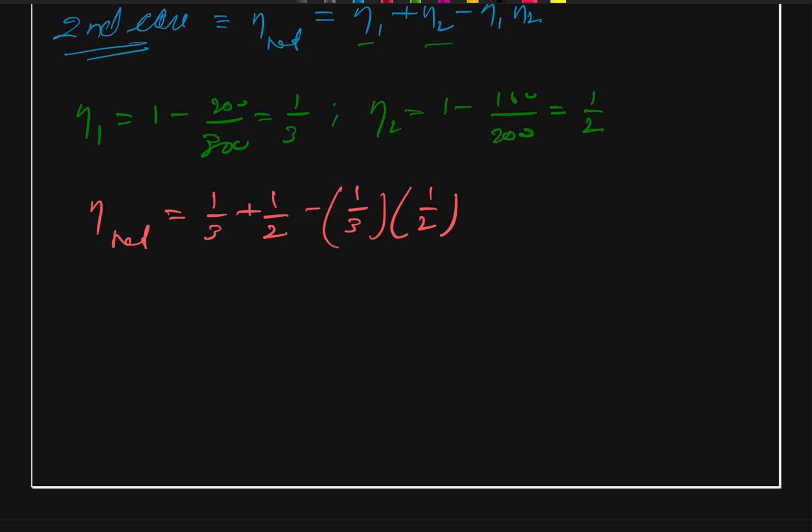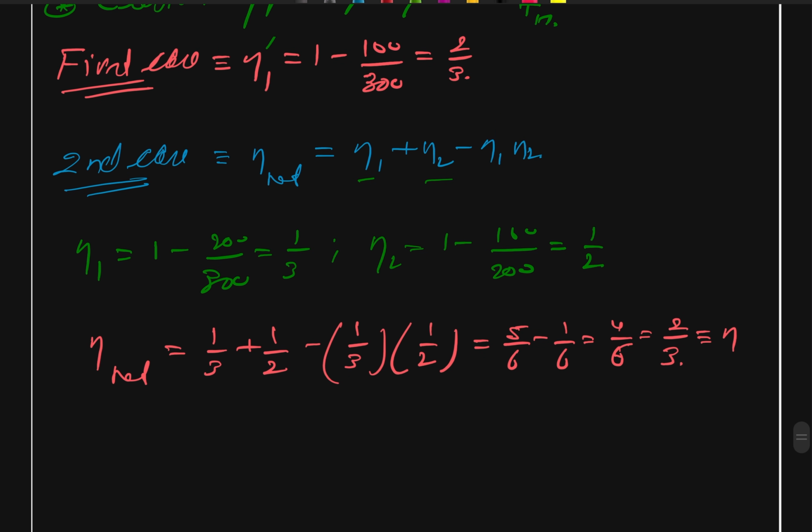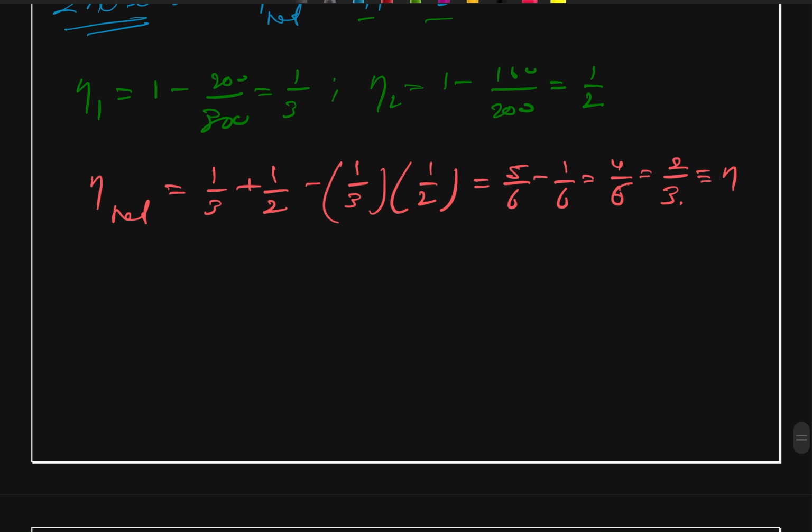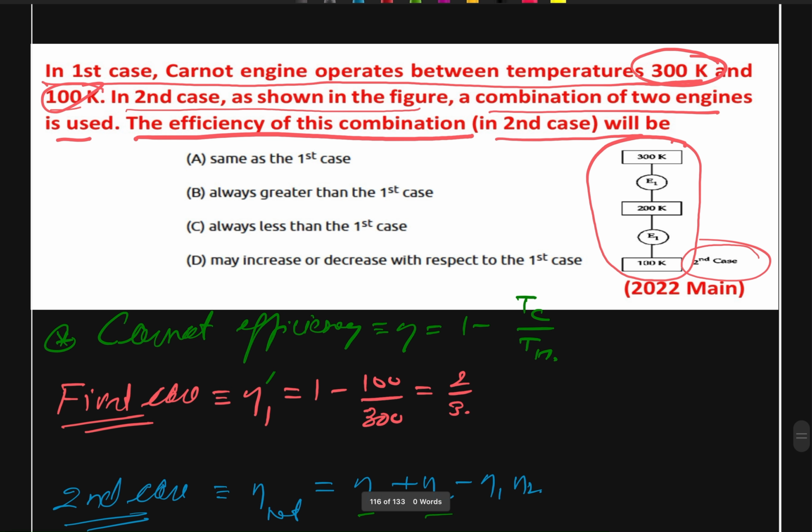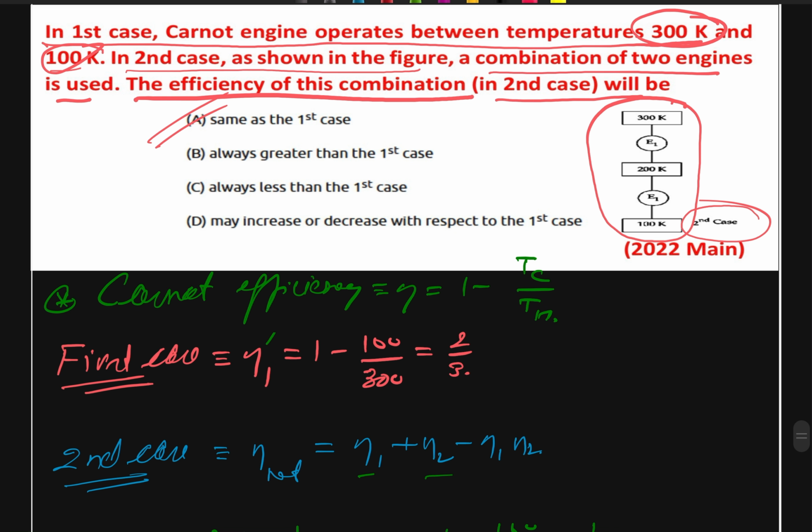It will be 5 by 6 minus 1 by 6, which will be equal to 4 by 6, giving us 2 by 3. And this is nothing but our n1 prime. So we have option A is correct.